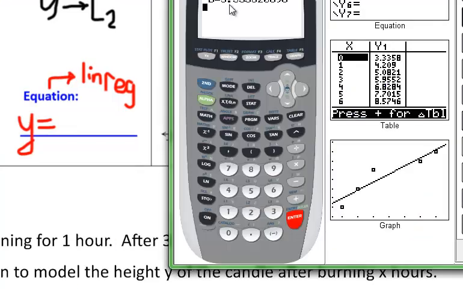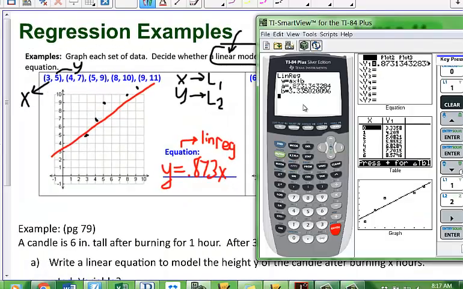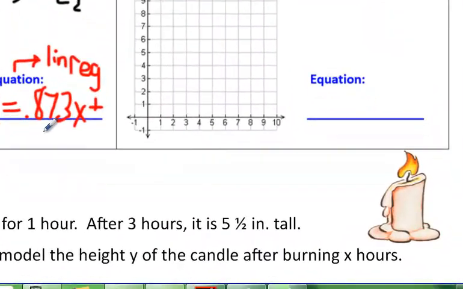So y equals, let's see, a is, let's go to 3 decimal places, 0.873x, sorry, I'm writing with my opposite hand, plus 3.336. Now I'm going to round that because my next number is an 8, so that's going to tell me to round that up. So 3.336 is what I'm looking at.